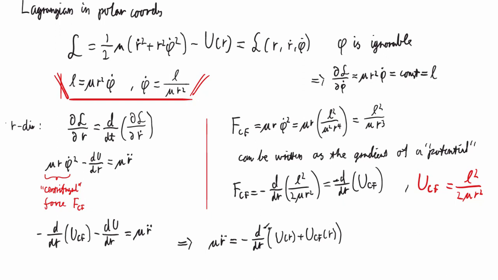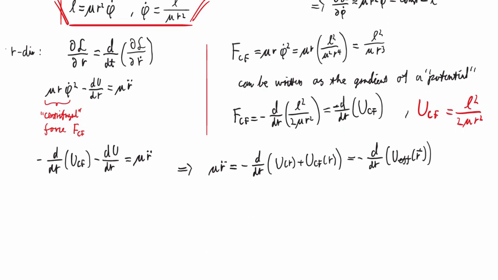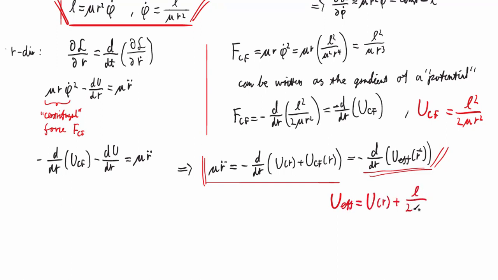So the r component in polar coordinates of the gradient is just d dr. And we're going to call the sum of u and u centrifugal, u effective. So first let me just underline this. This is the effective potential.